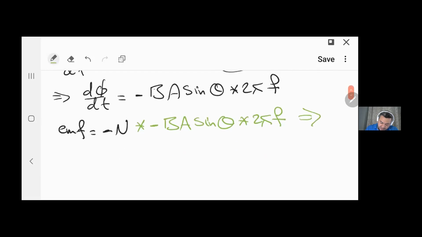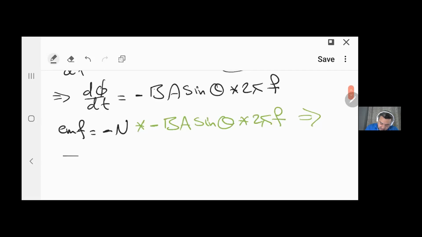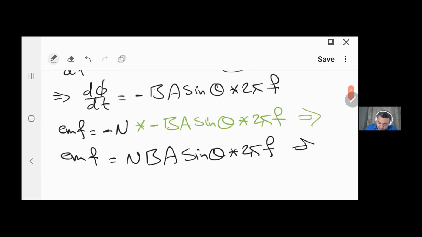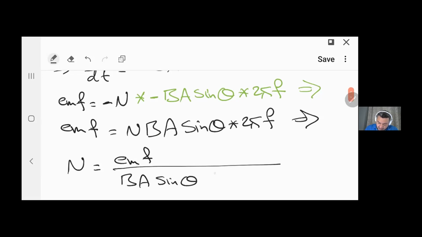This means EMF equals N B A sine theta times 2 pi f, or N equals EMF divided by B A sine theta times 2 pi f.